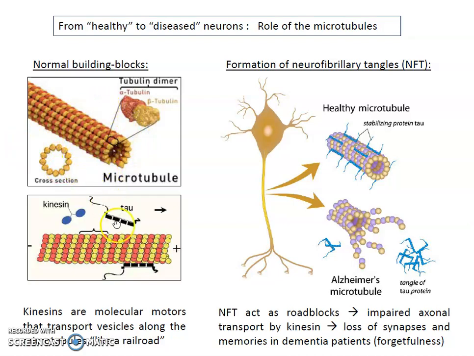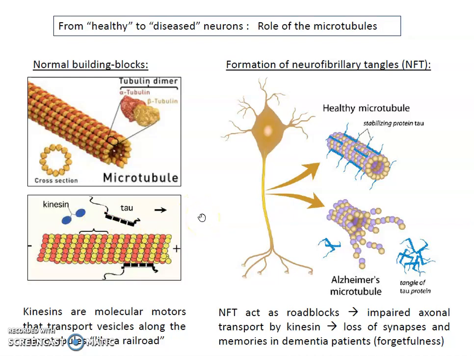Here is an overview of the same one, and here is another view. The yellow color represents beta tubulin, the red color represents alpha tubulin, the black one represents the tau protein, and this one represents the kinesin. So what is the kinesin?